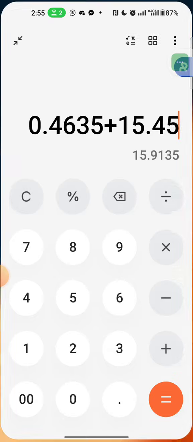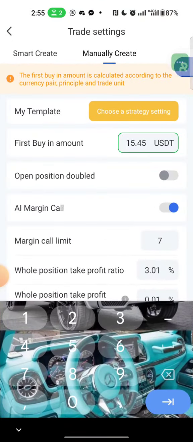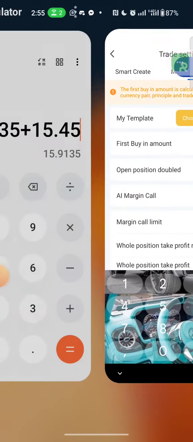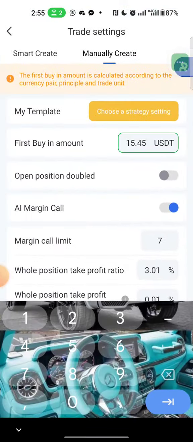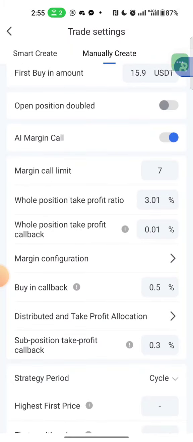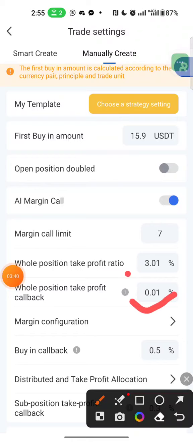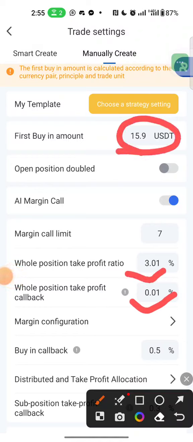So my next first buying amount, when I come back to the settings, I will put in 15.9135. Okay, 15.9, I'll leave it at that. So when we are using this strategy, we focus on changing the first buying amount and keeping our take profit at 3%.